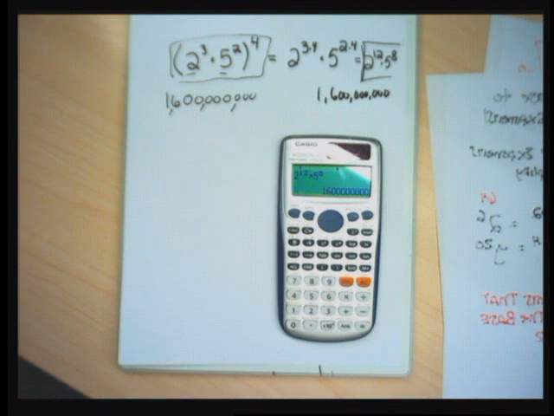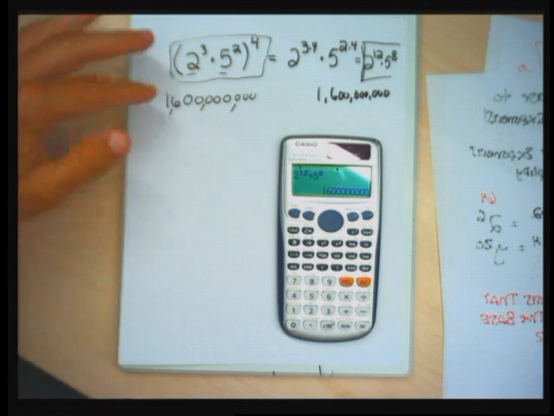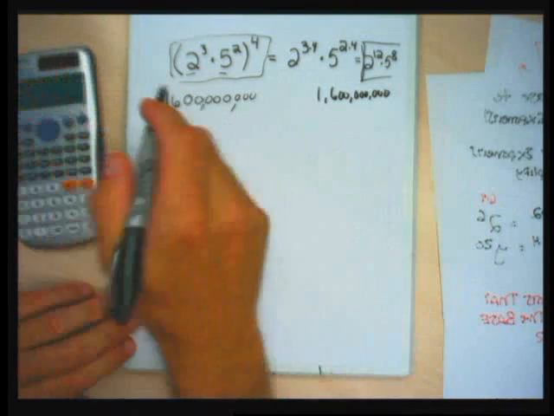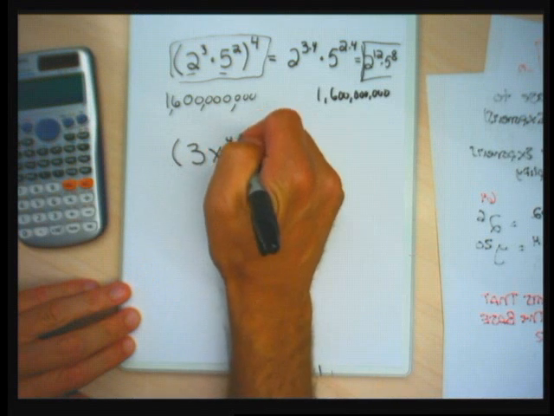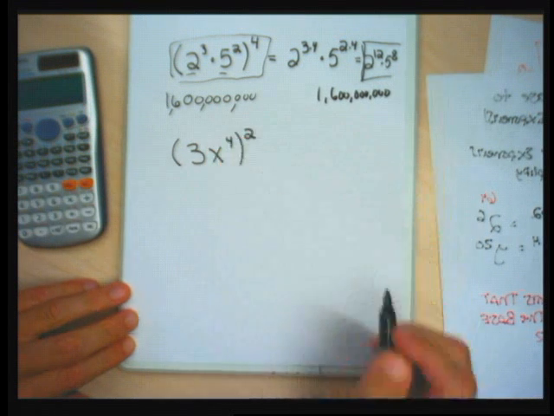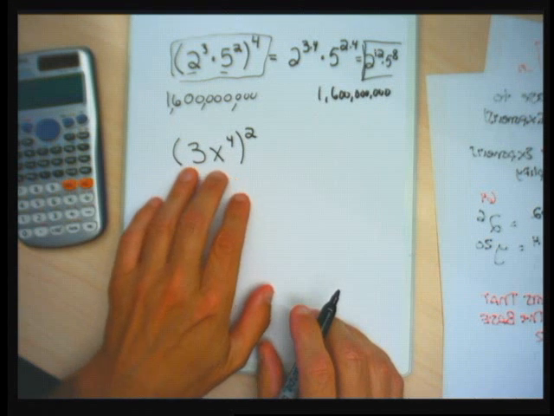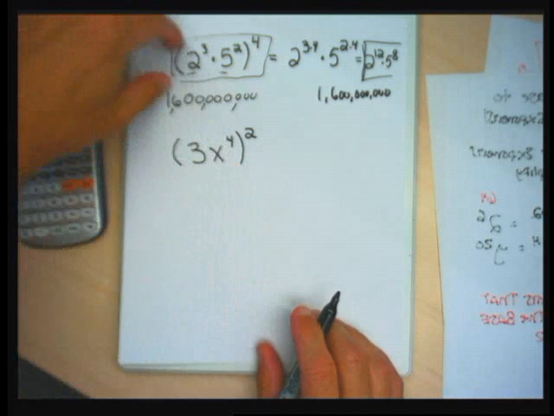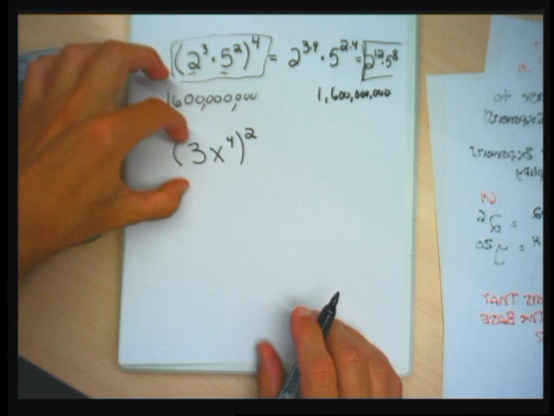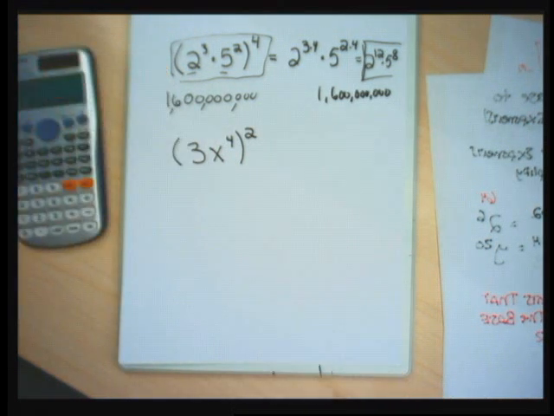The rule's going to work when I have letters mixed with numbers, as long as I have straight multiplication inside of parentheses. Like if I had something like this, 3x to the 4th power all squared, because inside the parentheses there's only multiplication, this can reduce the same way.